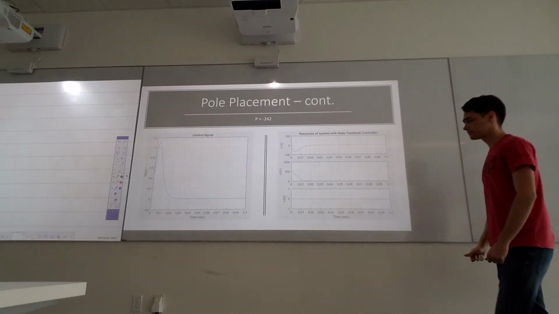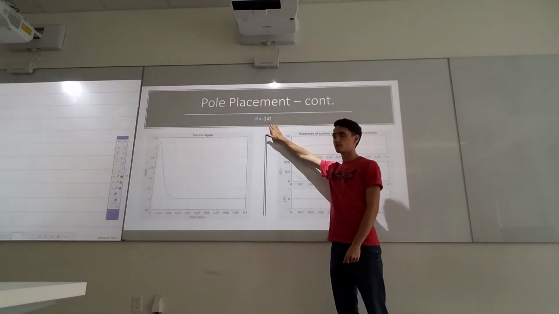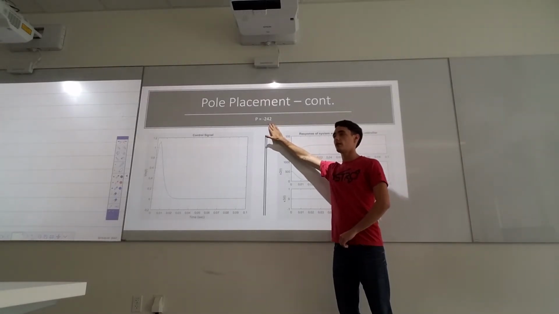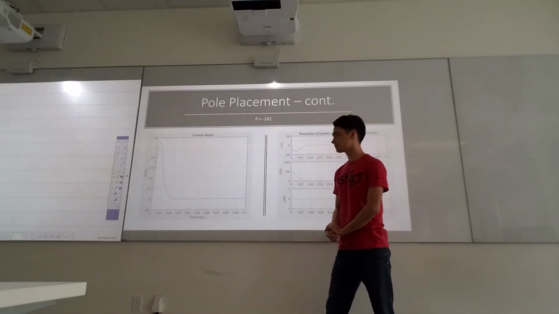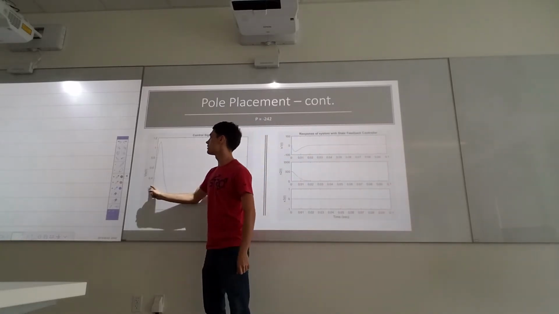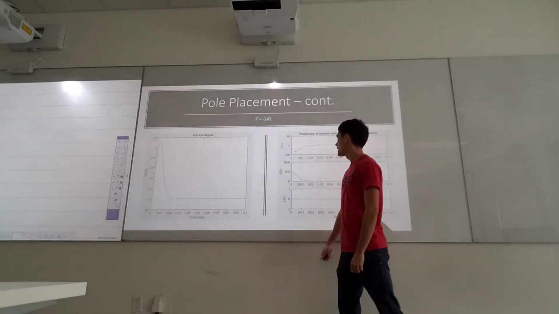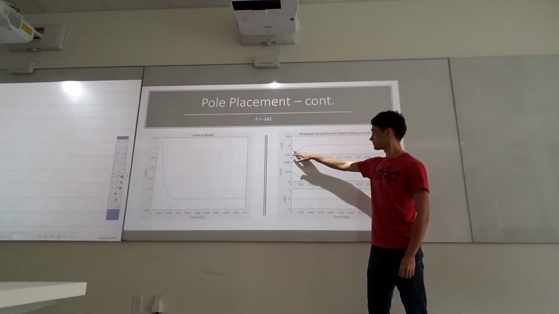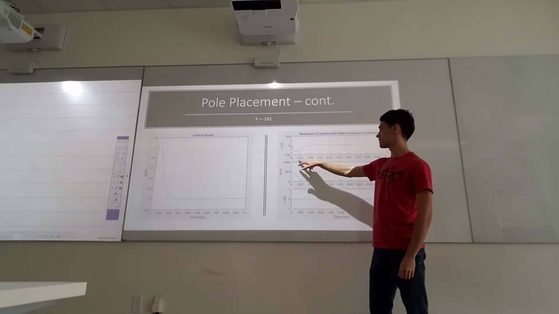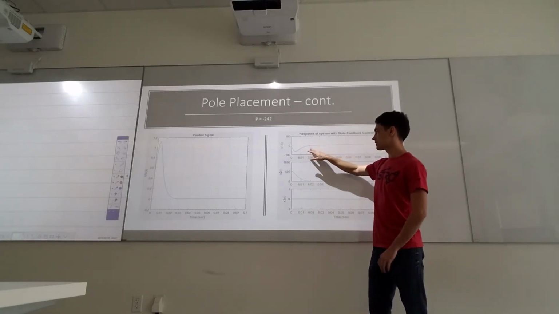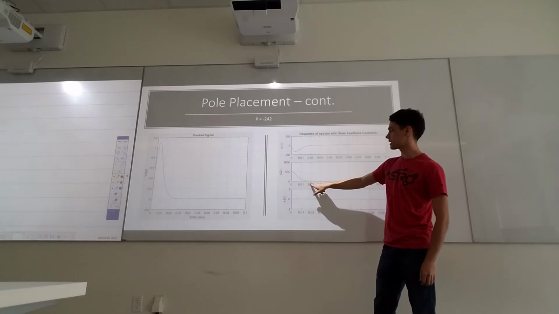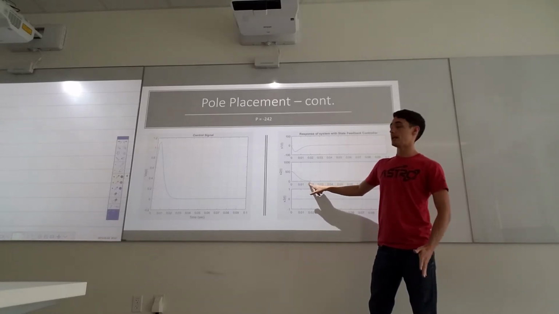The next pole has no imaginary components and is moved over only 100 further onto the left half plane. You can see our control signal goes up to about 1.1 volts and then settles down. And our system responses are a little bit faster, still close to about 20 milliseconds, maybe 18 milliseconds.